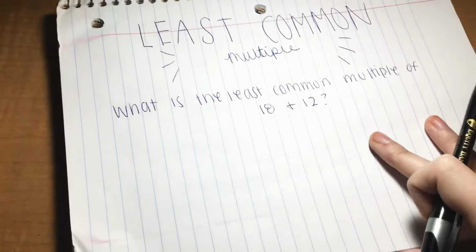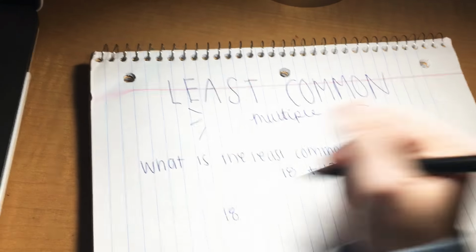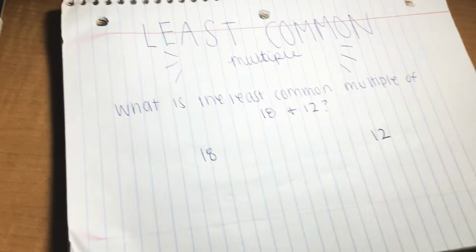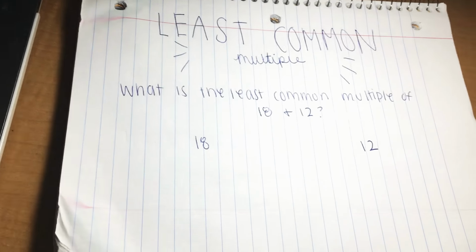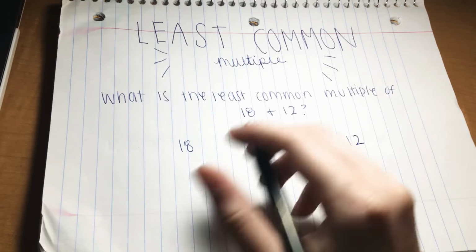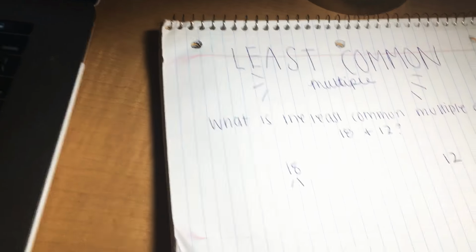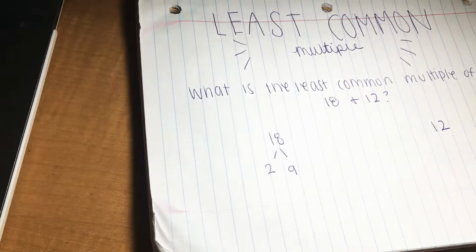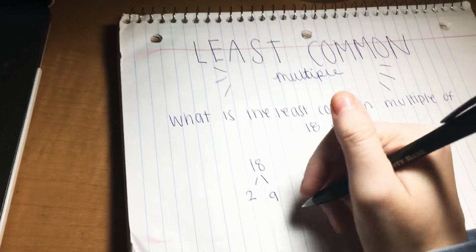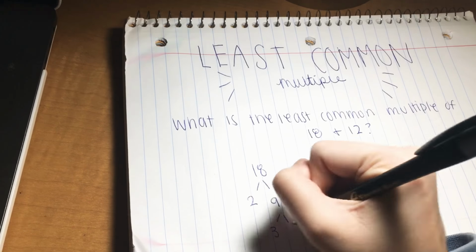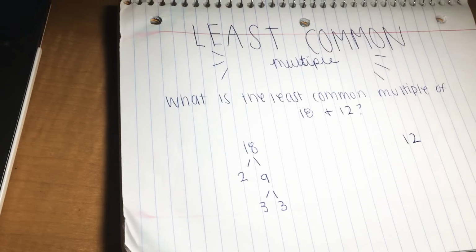To do this, I would start out by having 18 over here and 12 over here, and we're just going to factor them to see what numbers go into each. So we know that 18 is 2 times 9, and 9 is 3 times 3, and that's about as far as you can go.